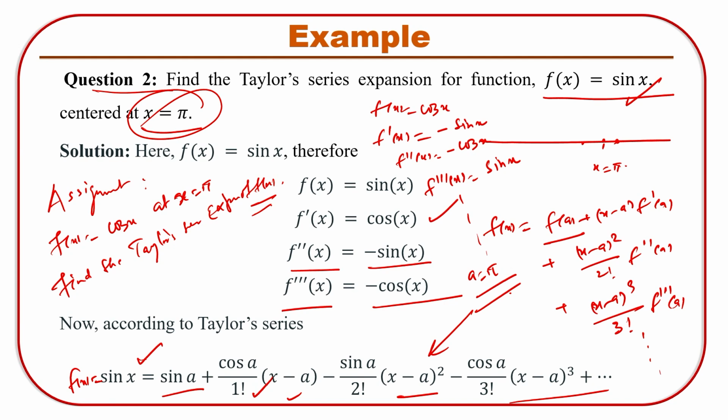As I have told you, you can try more and more complex functions using the Taylor series expansion, and you will see that one can approximate those functions in terms of infinite terms. So, infinite terms can approximate a given function in the neighborhood of a given point. So, thank you so much.